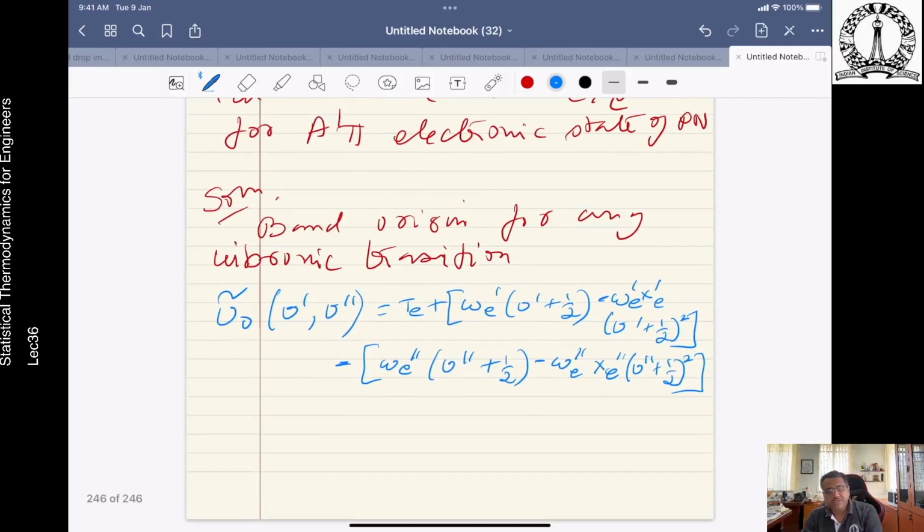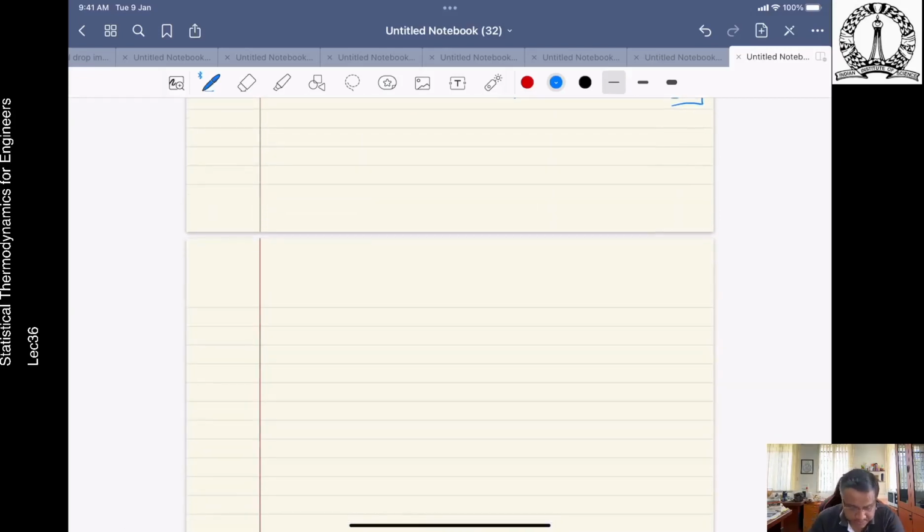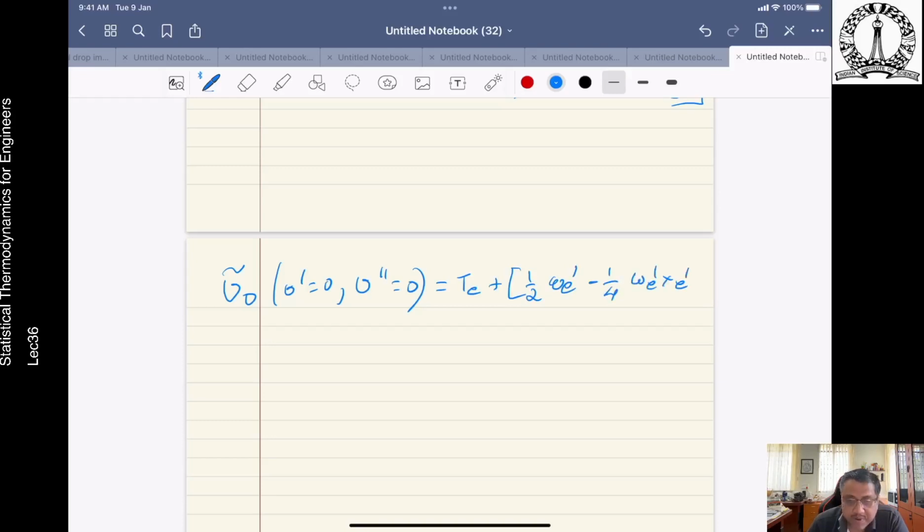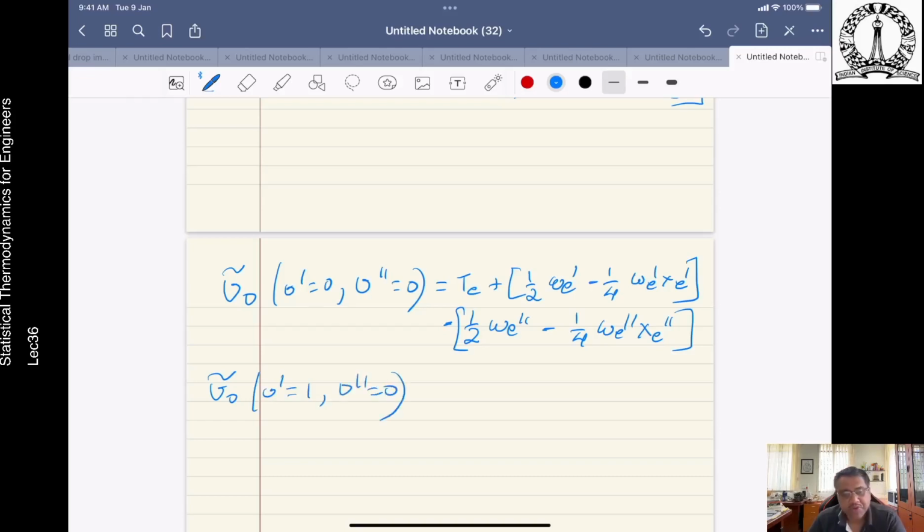Now for the specific transitions indicated in the above table, when v prime equals 0 and v double prime equals 0, the band origin is T prime plus 1/2 omega e prime minus 1/4 omega e prime x e prime, minus the double prime terms.